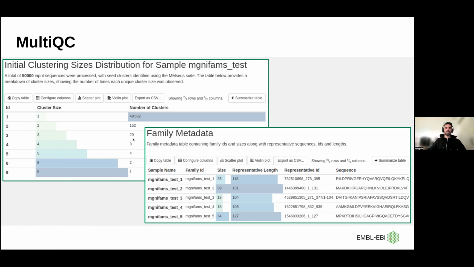This is what it means. And then the final metadata output for the whole family, this is per sample, and this is per run. We have the output family IDs, their size, the representative sequence length, its ID, and the corresponding sequence.